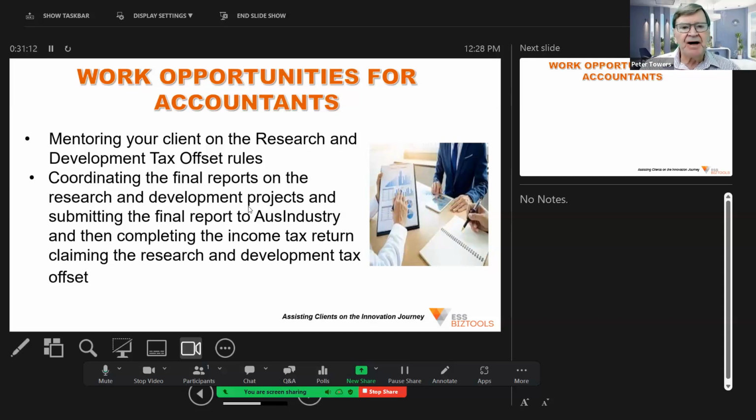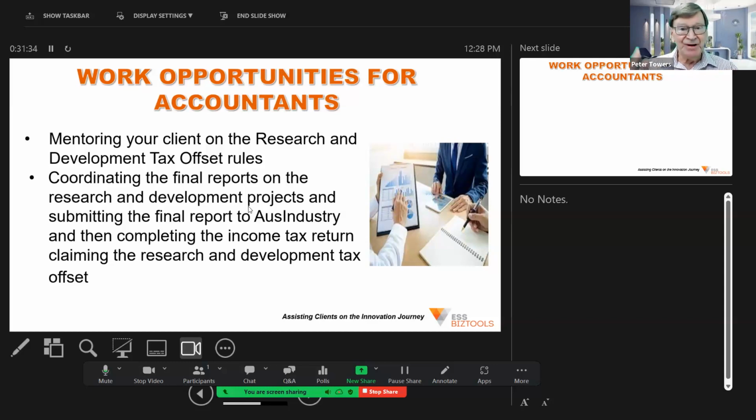So up around $8,500 they get in any case, and it could be a lot higher if they've spent $100,000 on research and development projects. The tax office will pay that to the company's bank account within 30 days of the tax return being lodged, as long as all of the information is supplied.